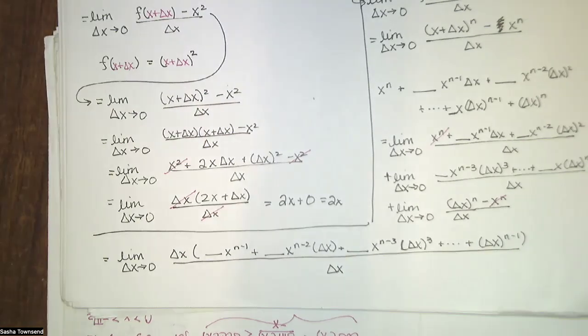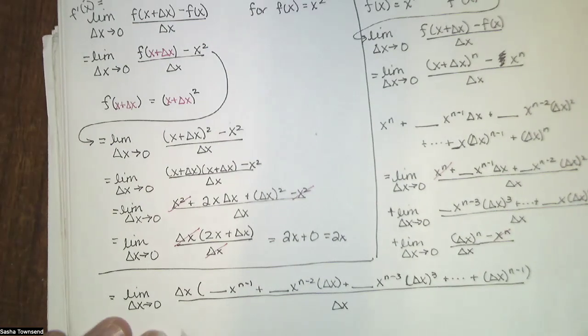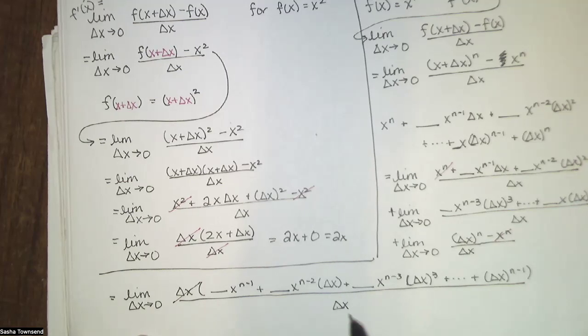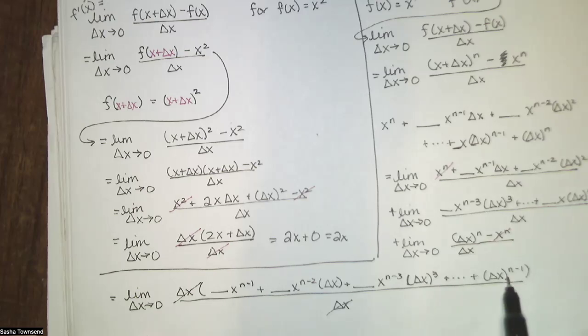So we end up with something that looks close to this. And since delta x is a common factor in the numerator and denominator, those reduce. And we just end up with this expression.